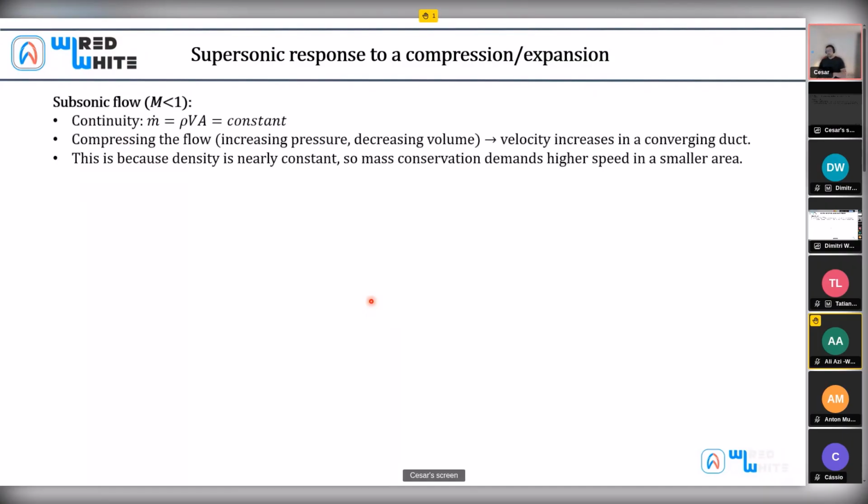When we have subsonic flow, because we have to fulfill continuity, the mass cannot be destroyed. Given a control volume, the product of density times velocity times the area has to be constant to ensure this mass conservation. So what occurs? If in a subsonic flow we compress the flow, that means that the area decreases, and because the density is constant, the velocity has to increase in order to keep this product constant.